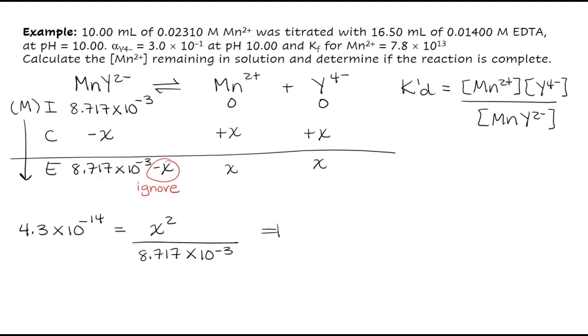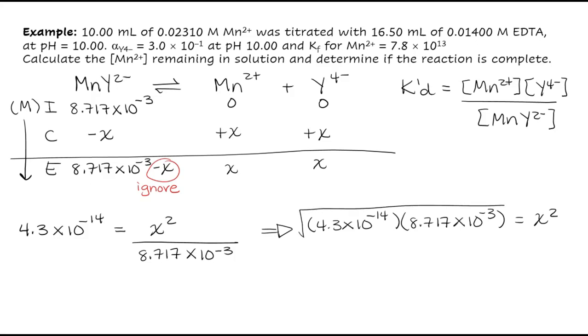We can cross multiply, and we get 4.3 times 10 to the negative 14 times 8.717 times 10 to the negative 3 equals X squared. And we'll take the square root of each side, and that will give us X. Looking at our sig figs, we have 2 sig figs for K'D, 4 sig figs in the molarity.